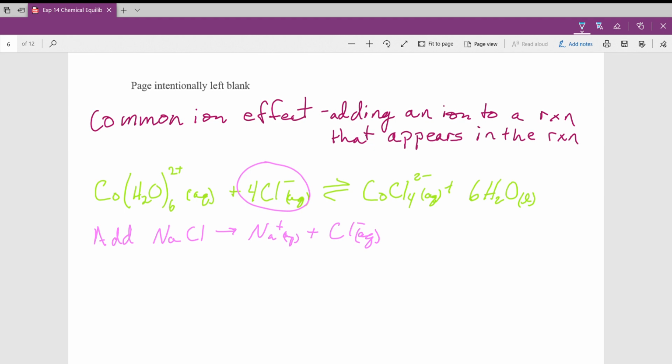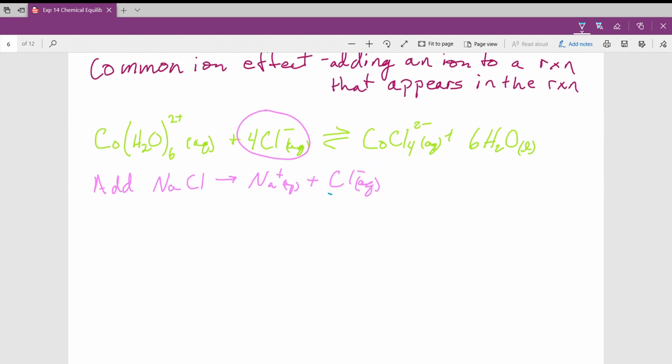Okay. So adding the Cl minus, we increase the concentration of Cl minus. And I assume you guys have talked about the square brackets, and square brackets just means concentration. There's our concentration.